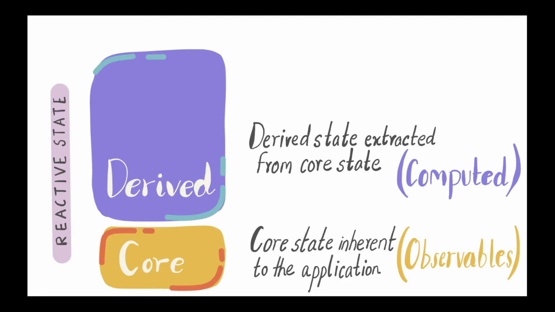You can either have first name before, followed by last name, or last name first with a comma and then a first name. All that is derived information from the core information, which is first name and last name. So that's all about the core state and derived state. If you think of your application in these two formats, you will see that a lot of the complexity inside your application can be pretty easily managed by breaking it down into the core and the derived.